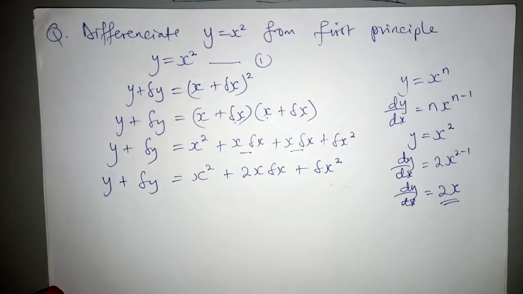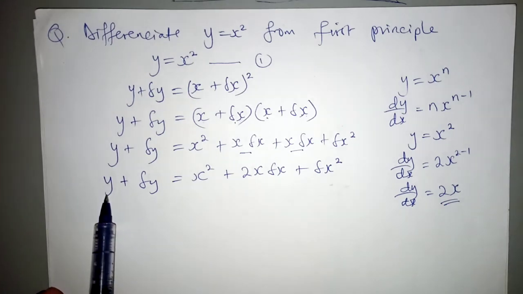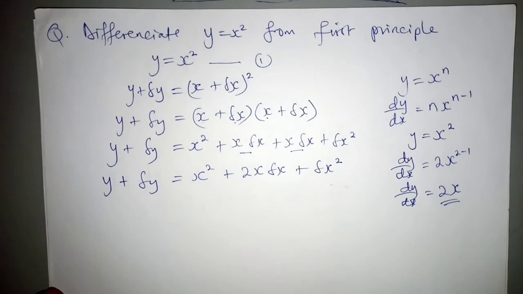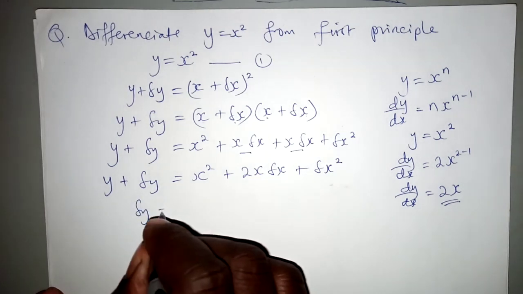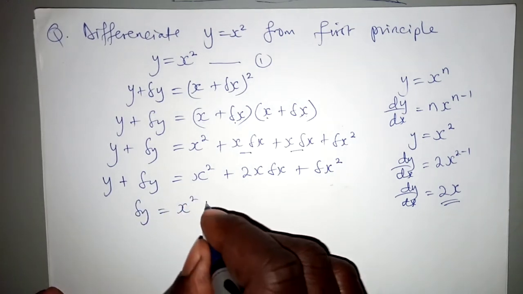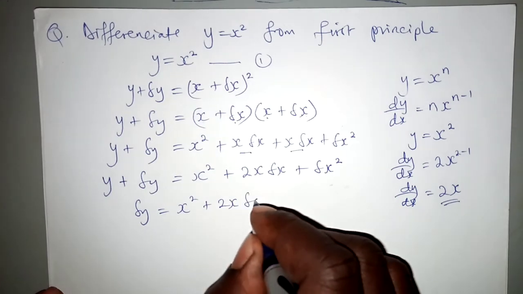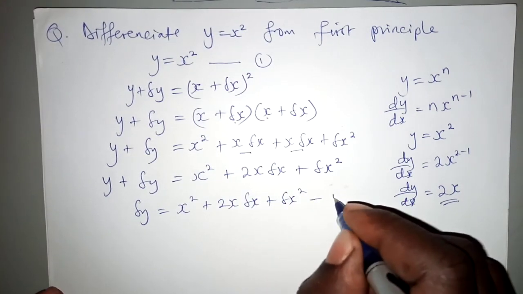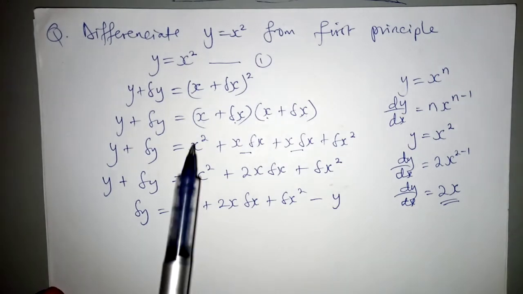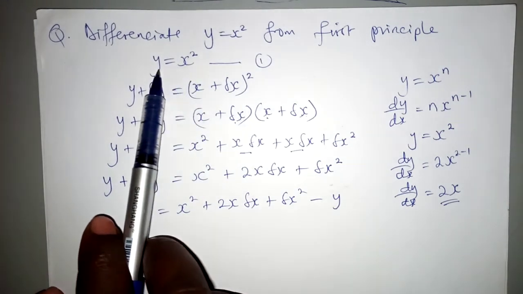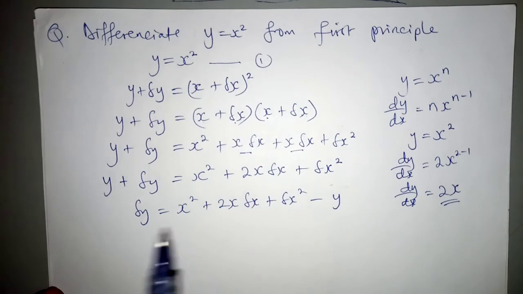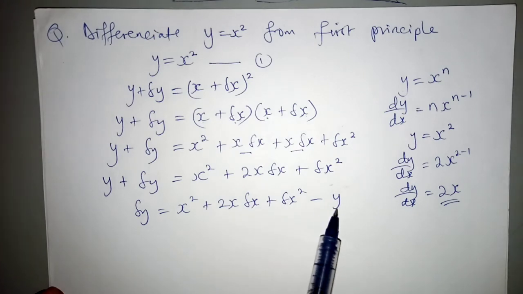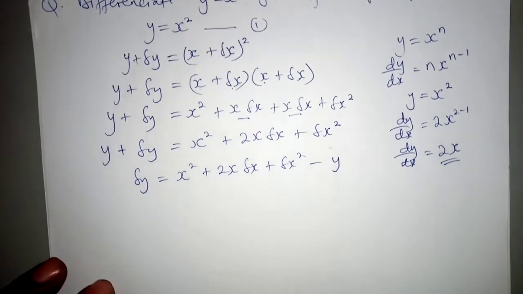From here, since we want to have dy by dx, we are going to take this y to the right hand side of the equation. So we have delta y is equal to x squared plus 2x delta x plus delta x squared minus y. From our equation 1, our y is equal to x squared, so we are going to substitute the value of y from this.